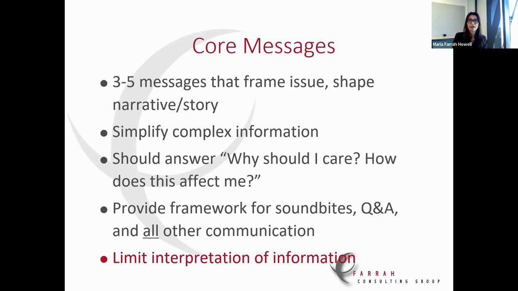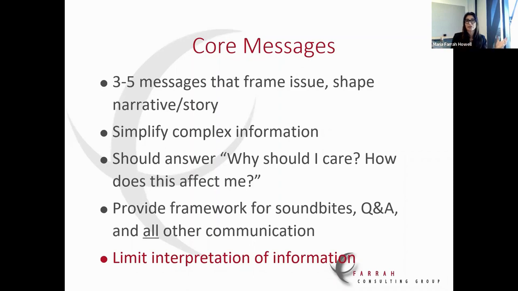And it provides a framework. So your core messages, those 3 to 5 messages, which we're going to go over in a minute, are to be communicated consistently on every platform. The reason you're doing that is so that there's uniformity, and it makes people remember, because they're hearing it over and over again in different ways: oh, this is how the library feels about this issue. It could be in a mayor's speech, on your website, in a presentation, or part of a media interview.